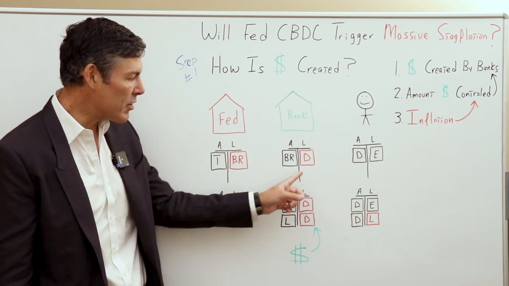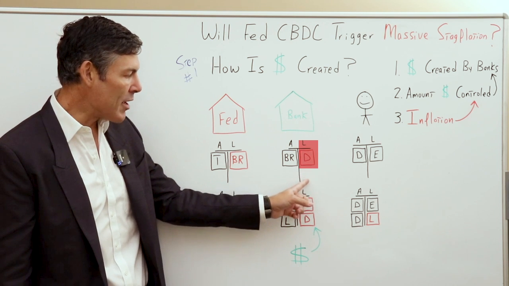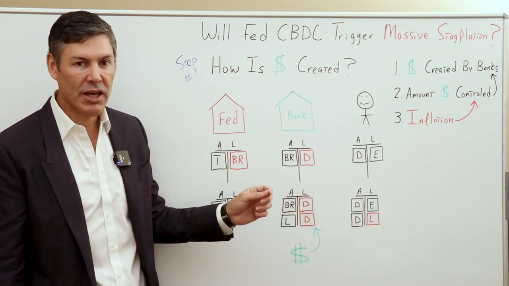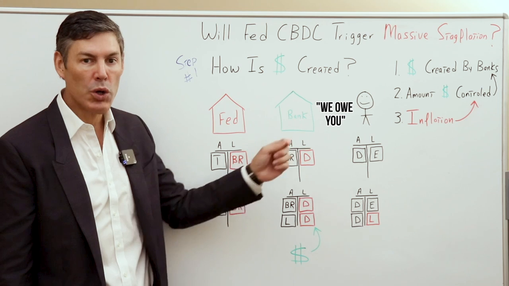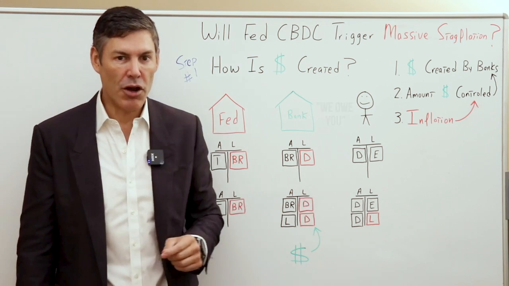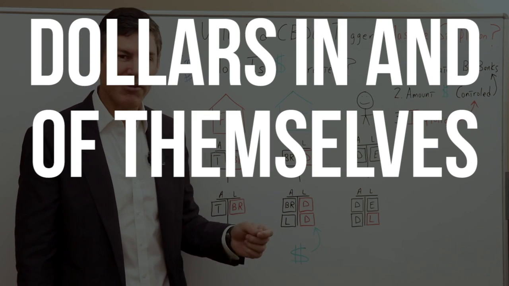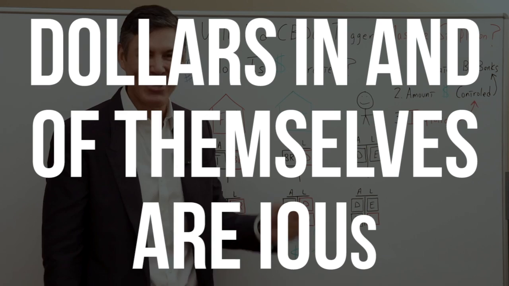of the commercial bank. Now, the deposits in the commercial banking system are liabilities. They're basically saying, customer, we owe you this many dollars. And as most of you know from watching my videos, dollars in and of themselves are IOUs.